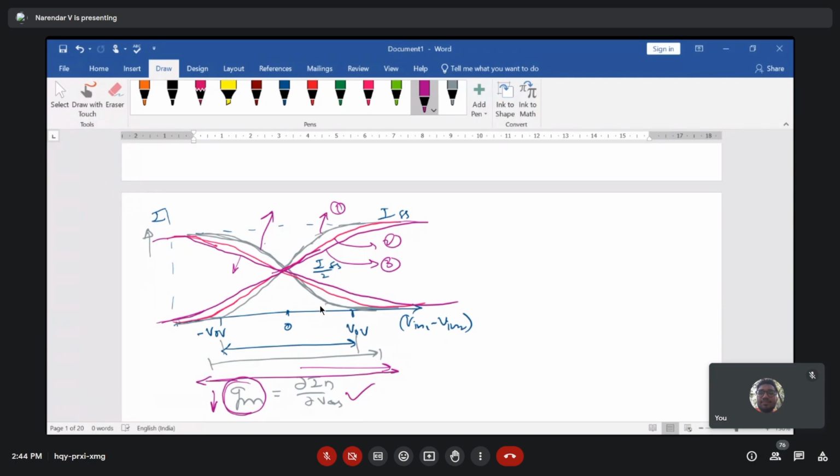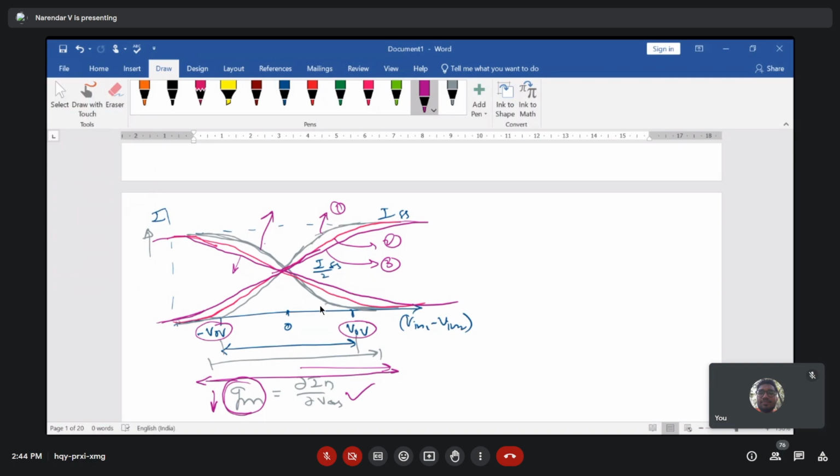As gm decreases, the gain of the final circuit is going to decrease. So you cannot increase the VOV value as you wish because the gm gets affected. You require a differential amplifier that should respond to a larger range of input, but the problem is that gm becomes smaller as you go for more range of VOV values, right?